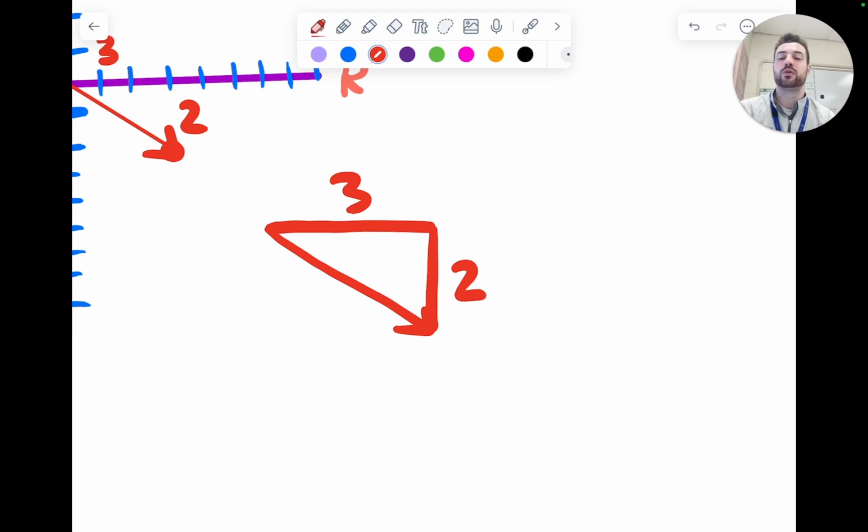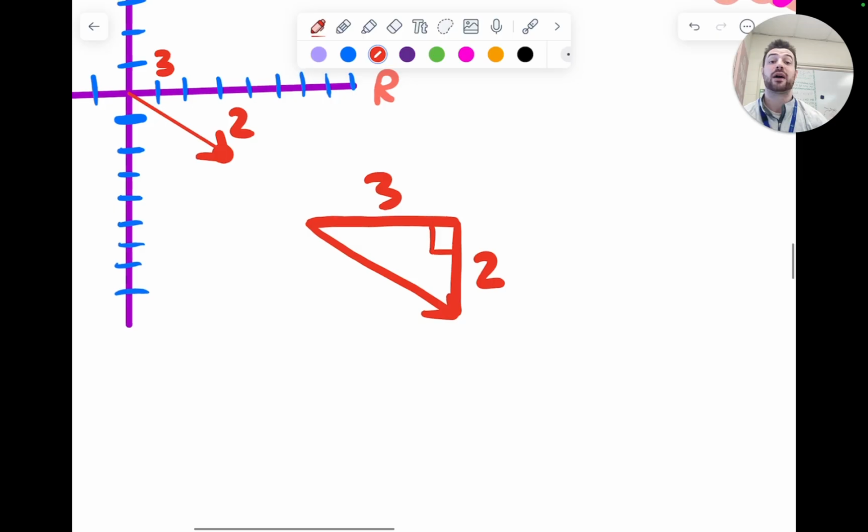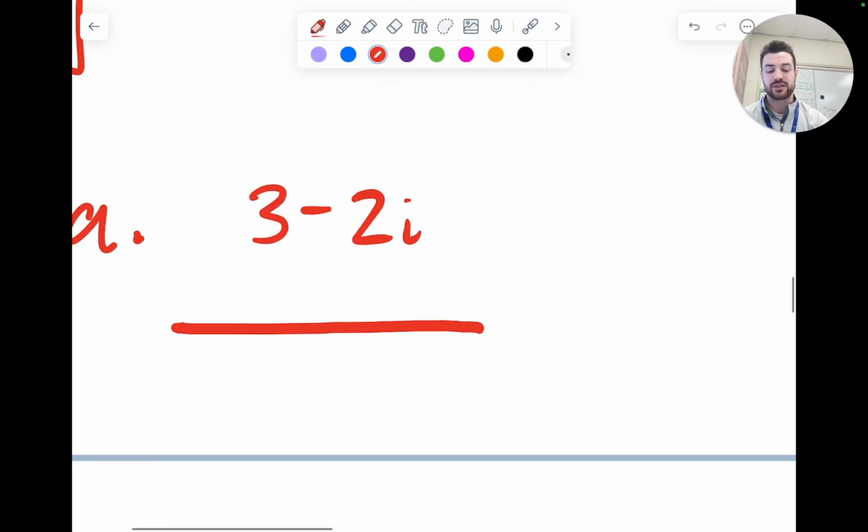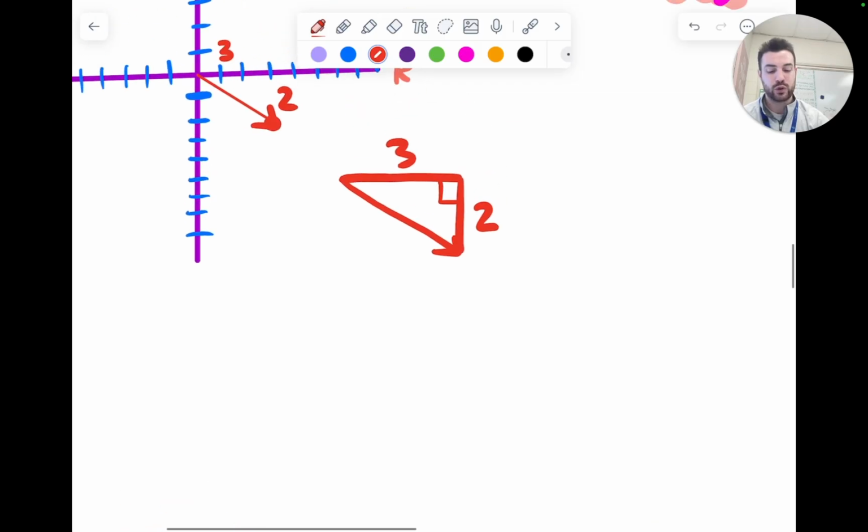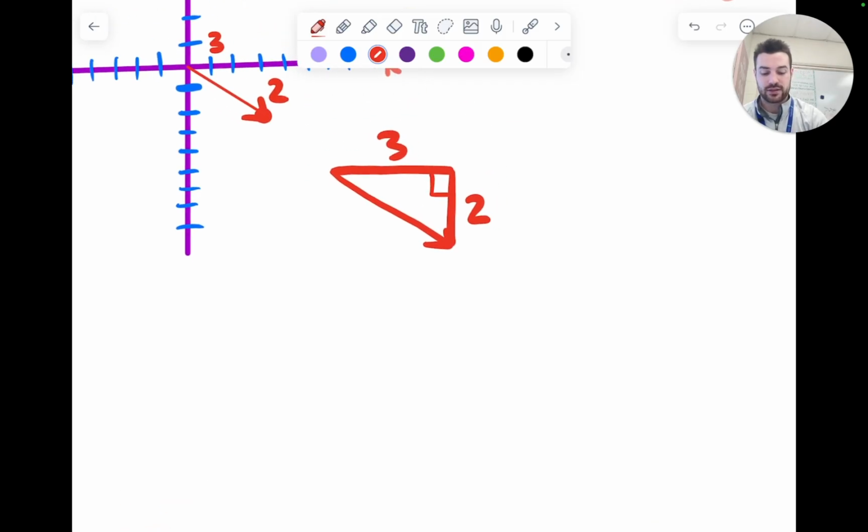our complex number. Well, if you think about what we just made is a triangle. What do we know how to do to help us find the missing side of a right triangle? Well, we have Pythagorean theorem. So in this example here, what I would do is a squared plus b squared is going to equal c squared.